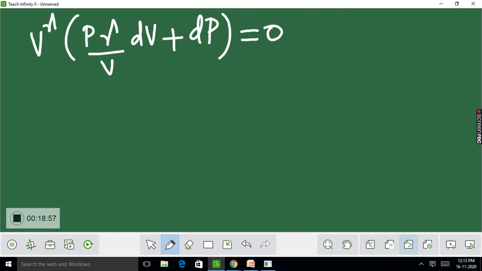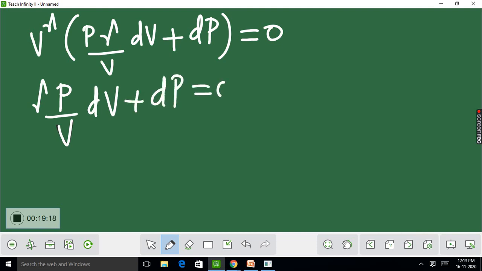The term inside the bracket should be equal to 0, because V raised to gamma cannot be 0. So we can write gamma times P by V dV plus dP equal to 0.